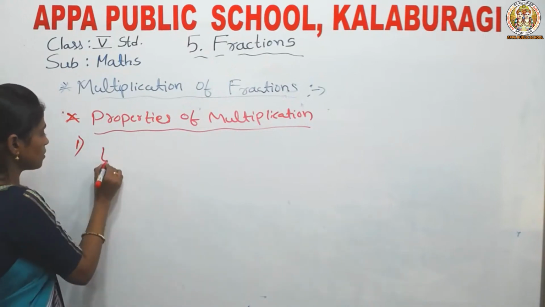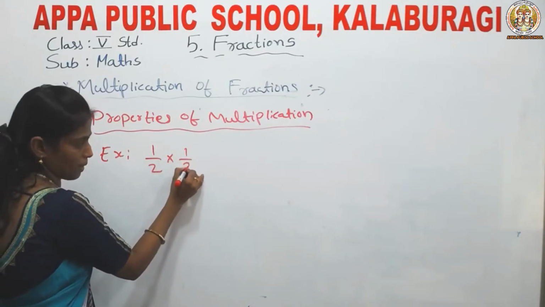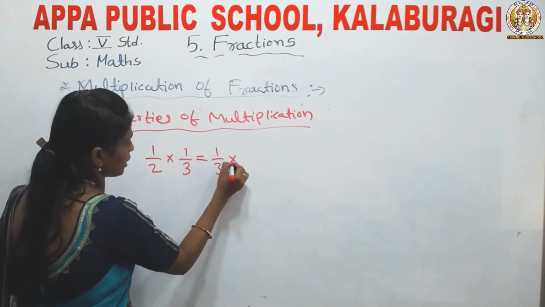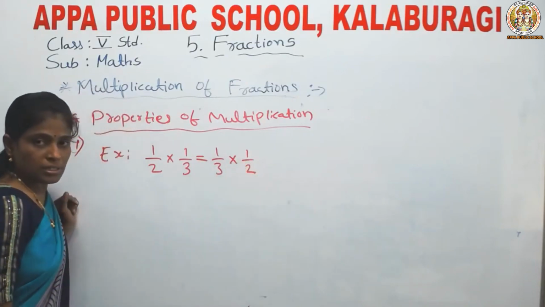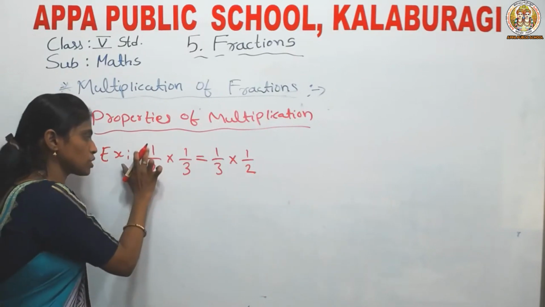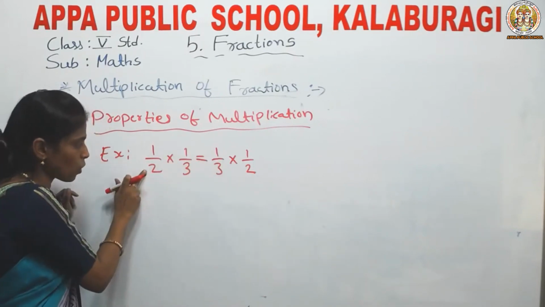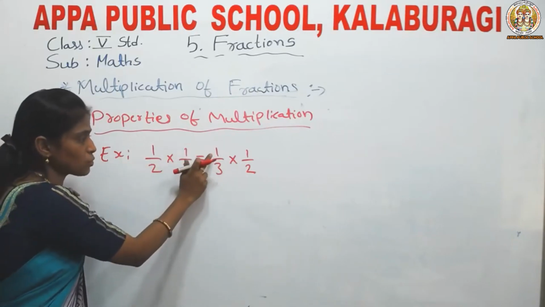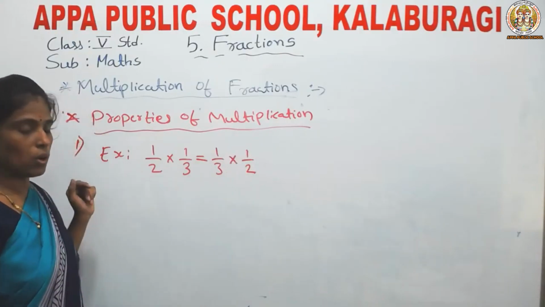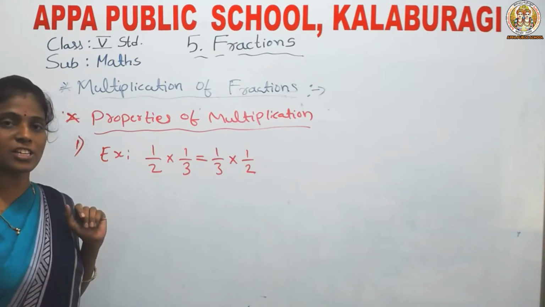For example, 1 by 2 into 1 by 3 is equal to 1 by 3 into 1 by 2. Changing the order means here we use 1 by 2 first, and here we use 1 by 3 first, then 1 by 2. Changing the order of fractional numbers does not change the product.